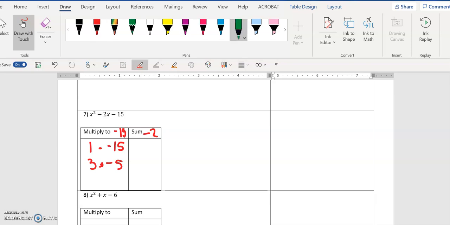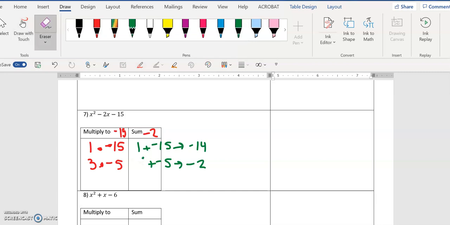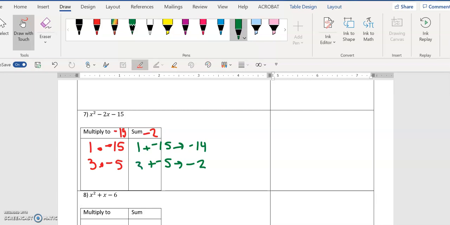And what would those sums be? 1 plus a -15 would be -14, and 3 plus a -5 would be -2. All right, so that means 3 and -5 work. I'm going to put those in parentheses with the variable x, and this is our factored form.